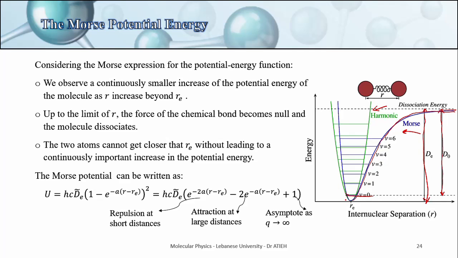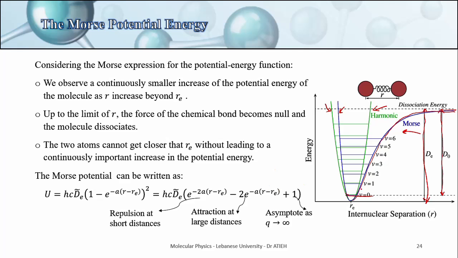Coming to small values of R, you can see that the blue line decreases more rapidly than the green line, which means that we are unable to bring two atoms very close to each other without being affected by the repulsion between these two atoms. So the Morse potential energy describes reality better than the harmonic oscillator.